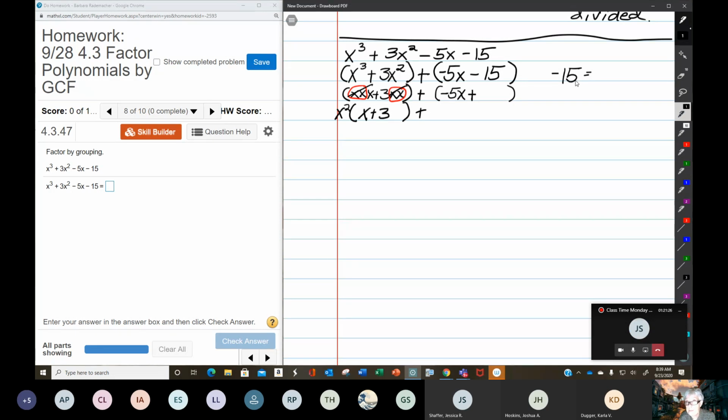So negative 15 is going to be, well, I could write it, I am going to write it negative 5 times 3. But, you know, it would also be true to write it 5 times negative 3, except I need a negative 5. So I have to go with this version right here. Negative 5 times positive 3.